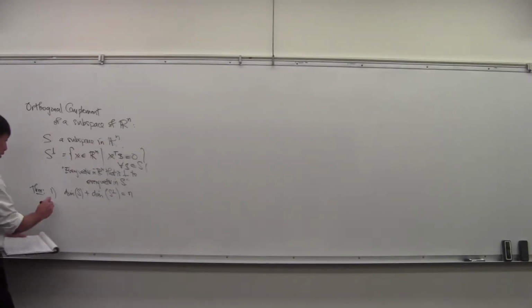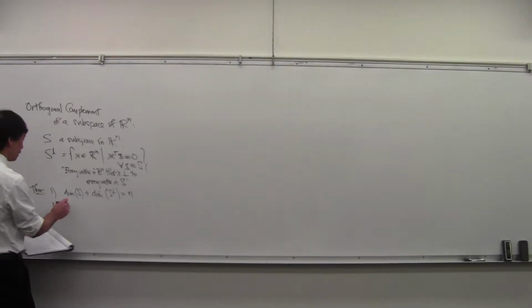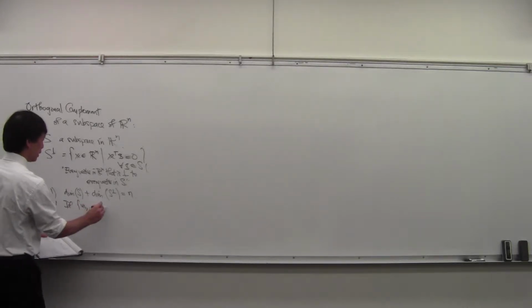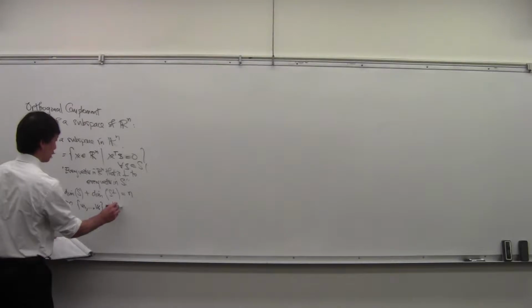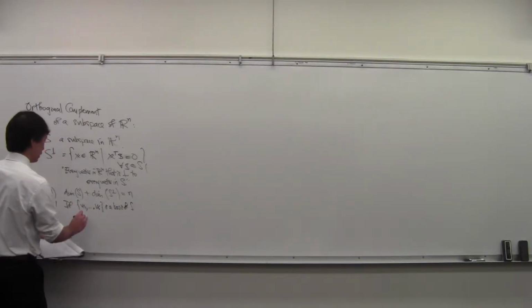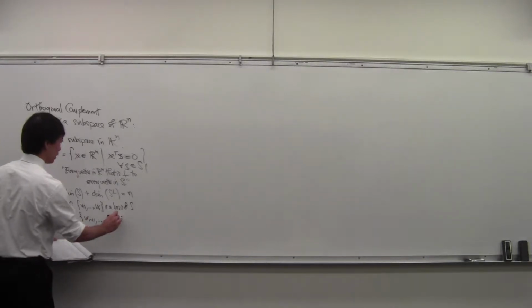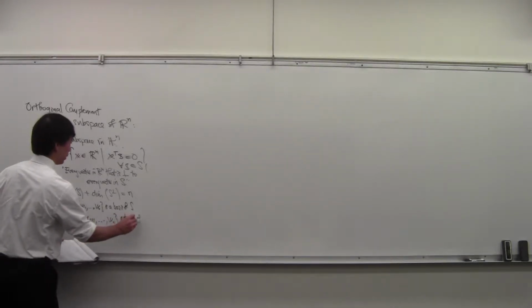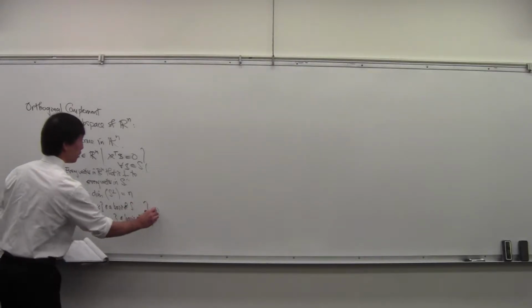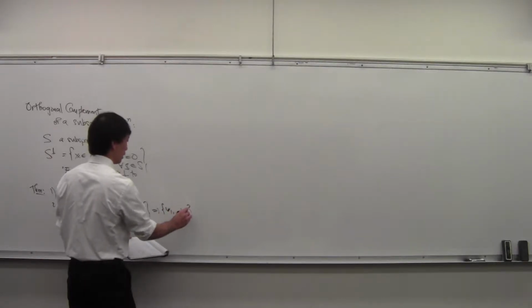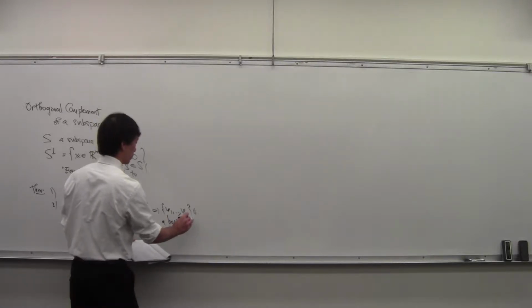And the second thing we showed is that if v1 through vr is a basis of S, and vr plus 1 through vn is a basis of S perp, then you can put them together, and that is a basis of Rn.